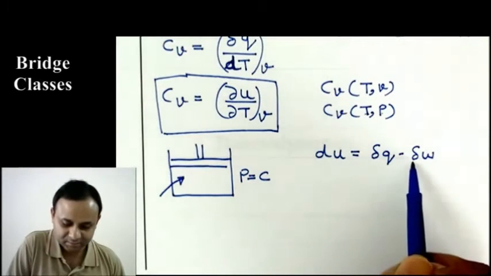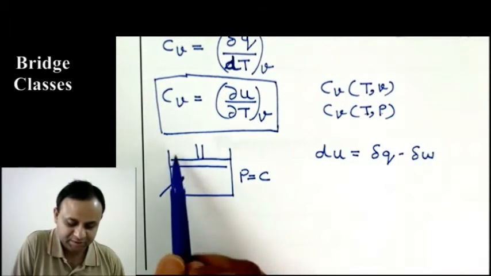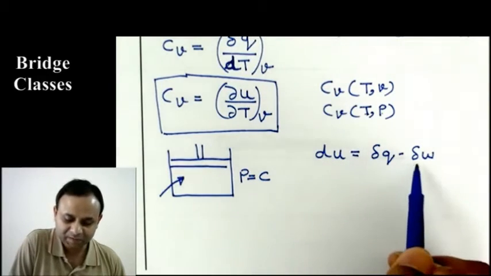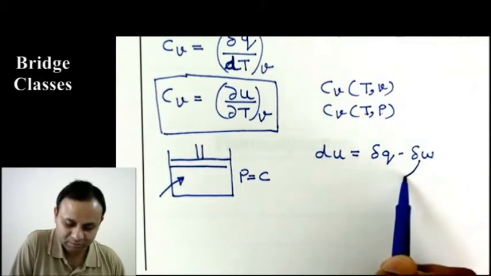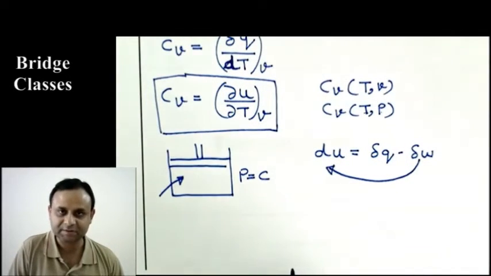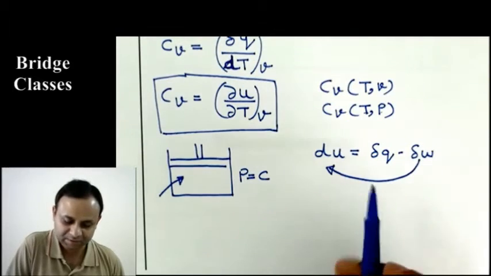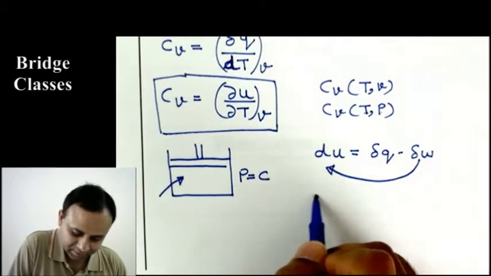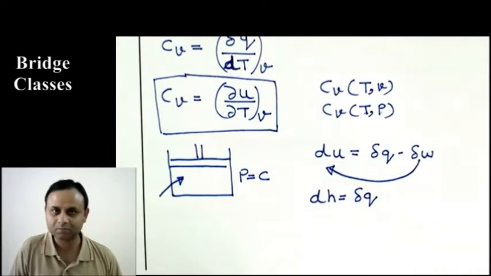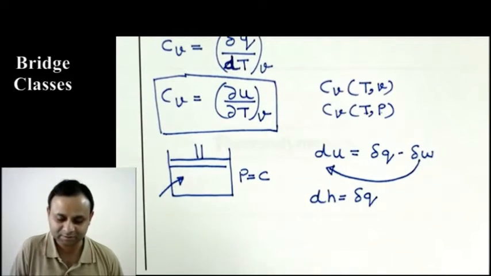In this case, there is work exchange because this piston is going to move when there is heat transfer at constant pressure. But we can combine these two terms, this boundary work term with the du term, and that becomes dh. We talked about this previously also. So you get dh equals delta q, for constant pressure heat addition.